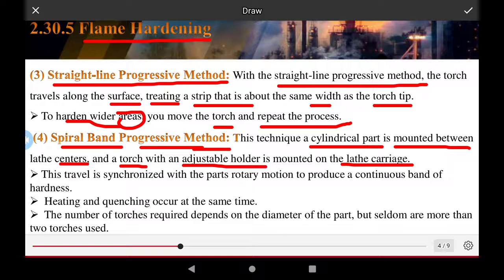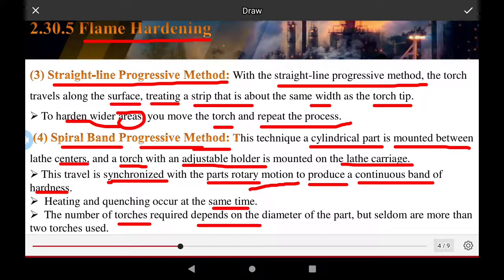The carriage travel is synchronized with the part's rotary motion, which produces a continuous band of hardened metal. Heating and quenching occur at the same time. The number of torches required depends on the diameter of the part, but seldom are more than two used.